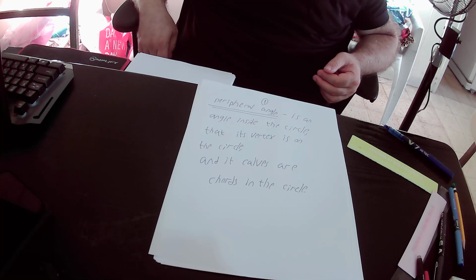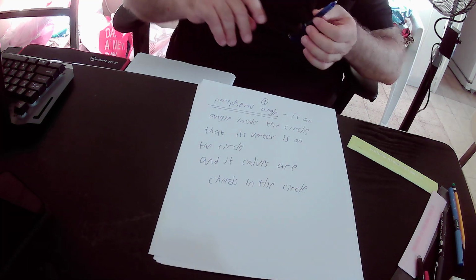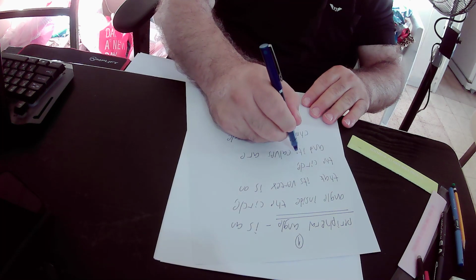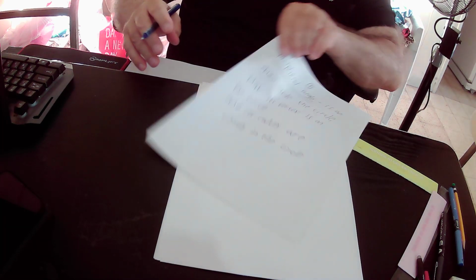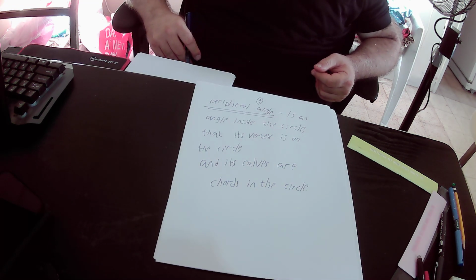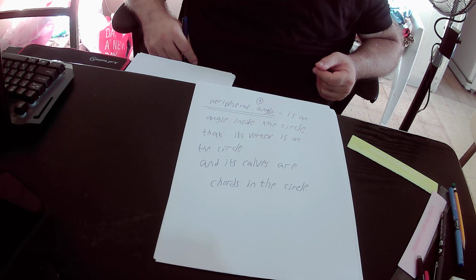A peripheral angle is an angle inside the circle that its vertex is on the circle and its curves are chords in the circle.